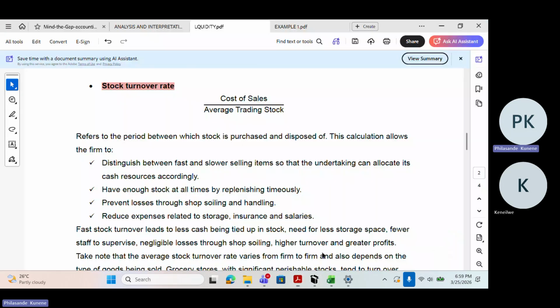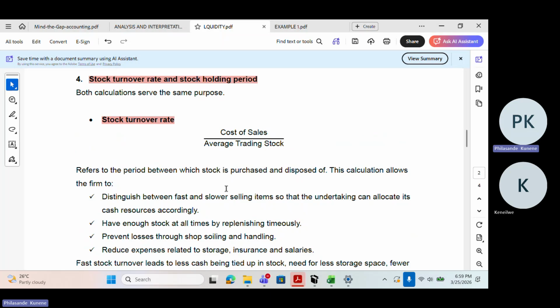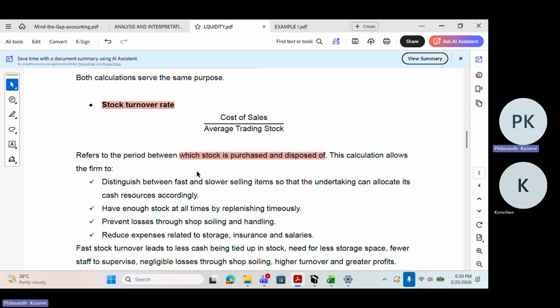Let's go back here. What is a stock turnover rate? It says here it refers to the period between which stock is purchased and disposed of.